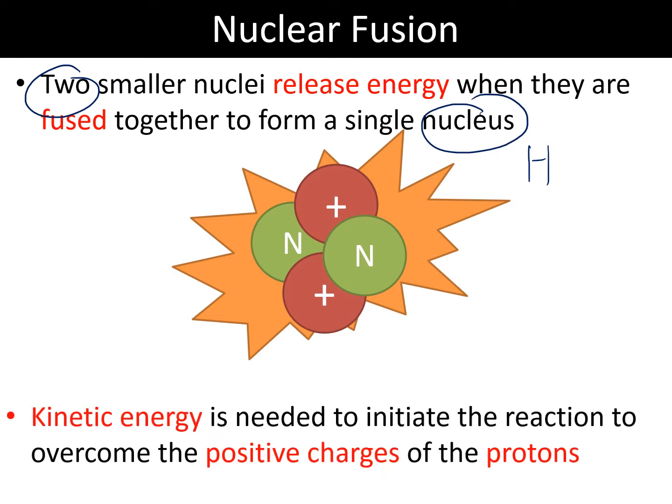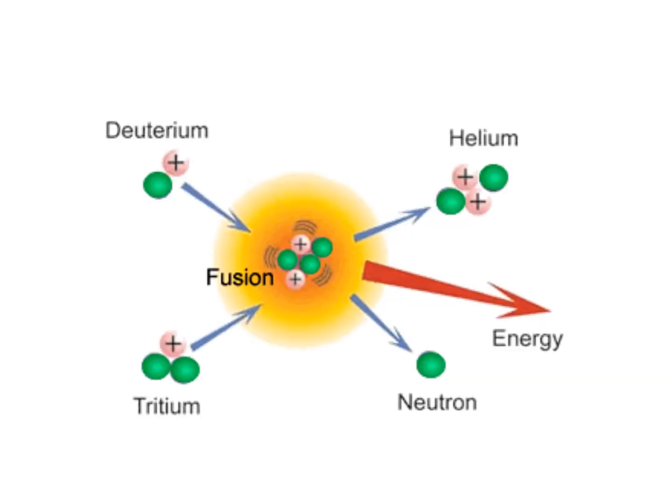Protons naturally don't want to hang together because they're both similarly charged, and they will repel, just like 2 south poles of a magnet. So the positive charges repel. They need an awful lot of kinetic energy. They need to be moving very quickly in order to force hydrogen nuclei together into a helium nucleus.